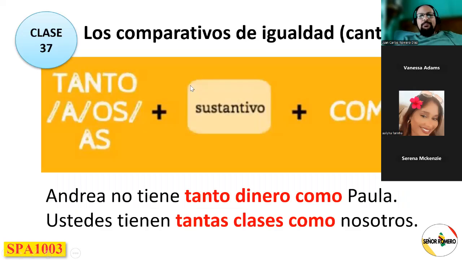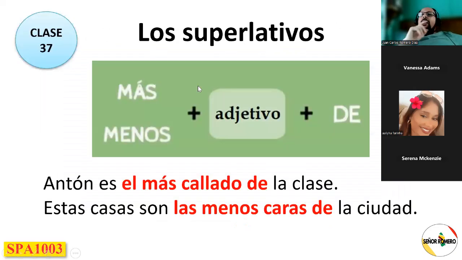But now, what if I have the tallest, the richest, the most handsome, the most beautiful person or thing in the neighborhood, in the country, in the world, in the planet, whatever.